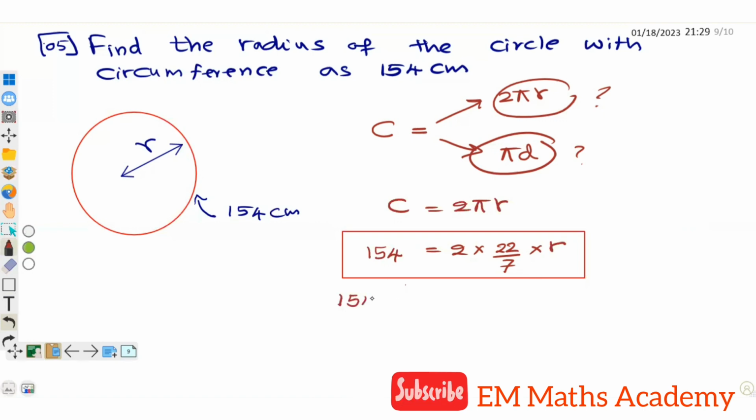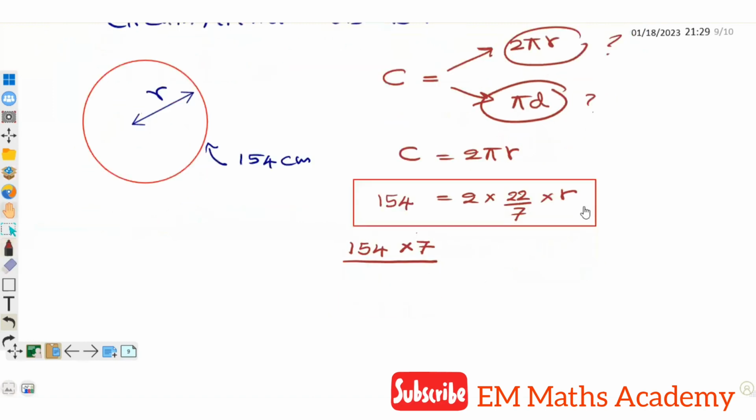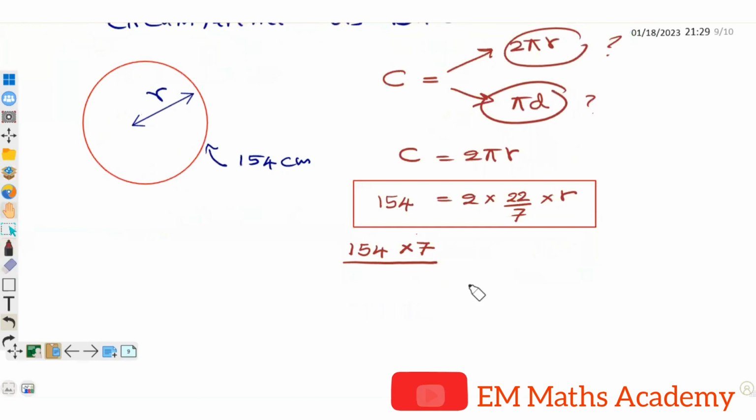Then 154, and they combine with multiplication. Then the numerator values come to the denominator, and also they join with multiplication. Equals r. Now r is alone.